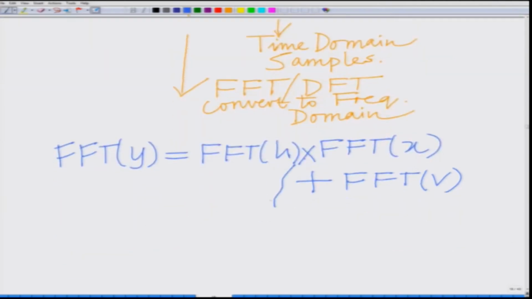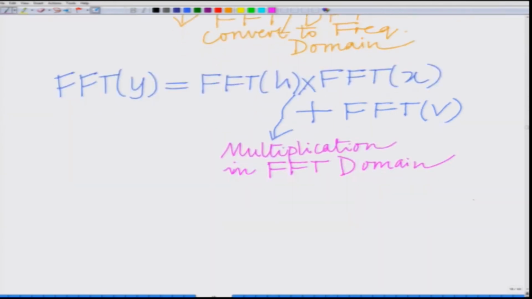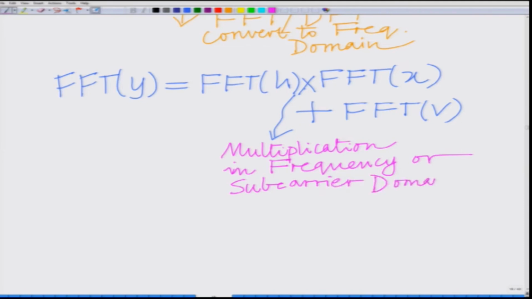So, in the FFT domain, or basically your frequency domain, this becomes a multiplication. Let us call this, rather than FFT domain, probably a better word for this is the frequency or subcarrier domain. Remember, in the frequency domain we are talking about the various subcarriers.